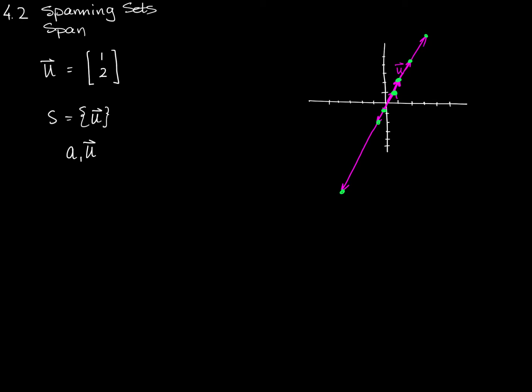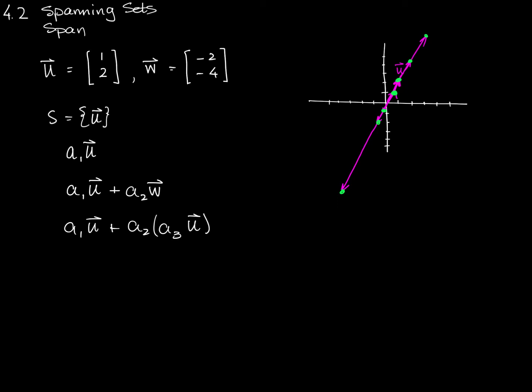Equally, if I have two vectors u and w, but w is just u scaled, well, that's going to give me the same thing, right? Because if I have a1u plus a different scalar times w, well, w is already just a scaled version of u.